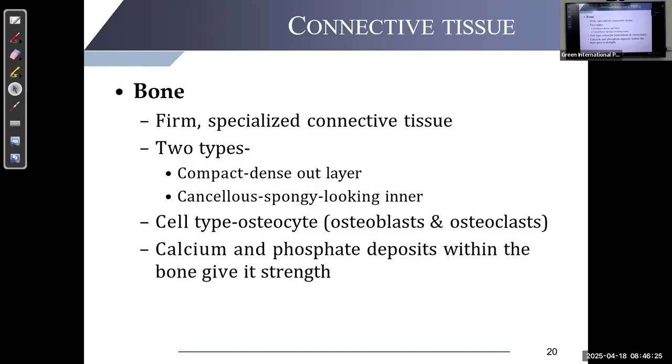All those conditions will be there. What is bone comprised of? Calcium and phosphate. Calcium phosphate gives the body strength. That's why we say weakening of bone, low calcium, leads to a condition of low bone density. Those are again medical conditions.